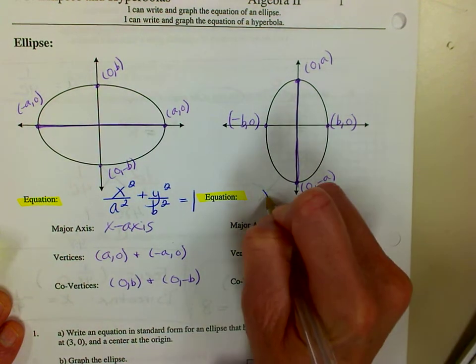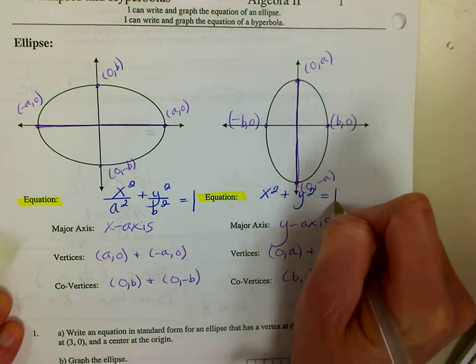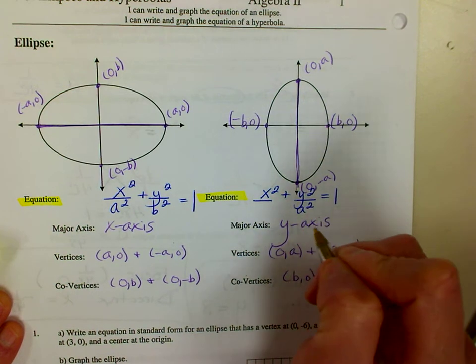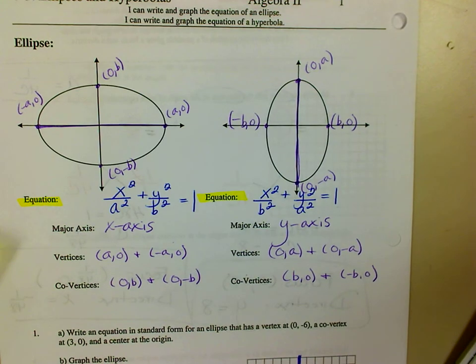Since the x-axis is the major axis here, a squared goes under x squared. And on this one, since the y-axis is the major axis, a squared goes under the y squared. So whichever axis is the major axis, that's where you put the a squared.